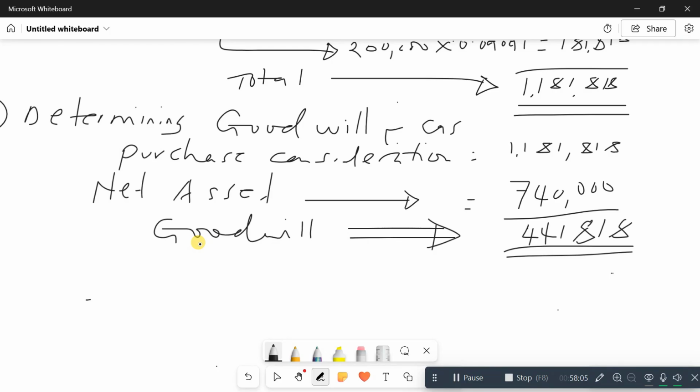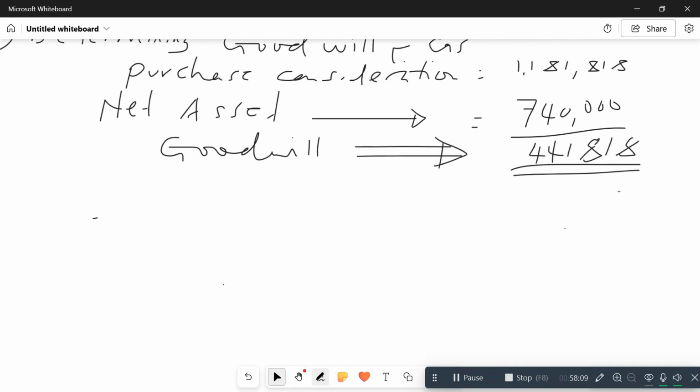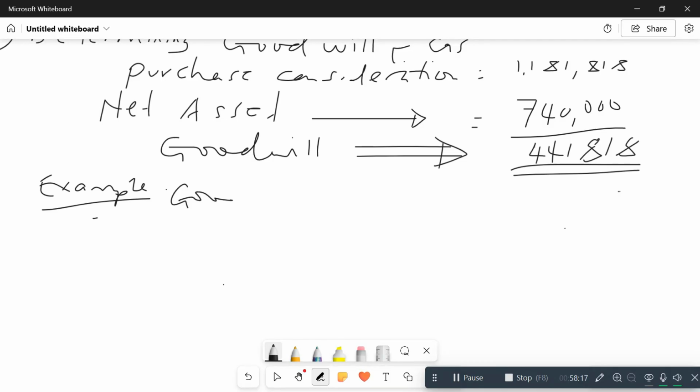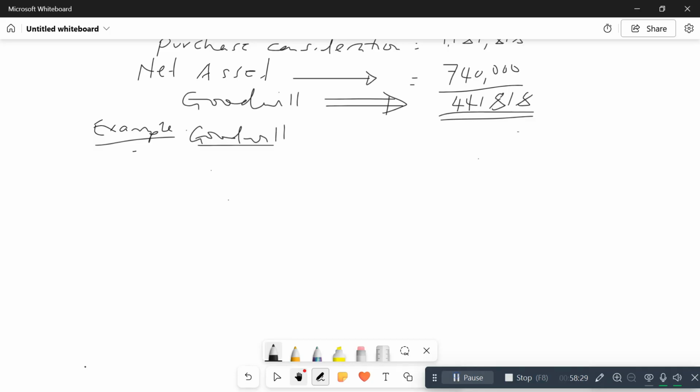All right. Now, for goodwill, given that example, for calculating goodwill you start with the purchase consideration.